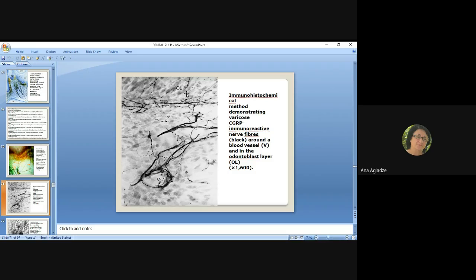But nociceptors, pain, and nociception are not synonyms. Let's discuss this question. Pain is a subjective sensation, defined as an unpleasant sensory and emotional experience associated with actual or potential tissue damage, or described in terms of such damage.